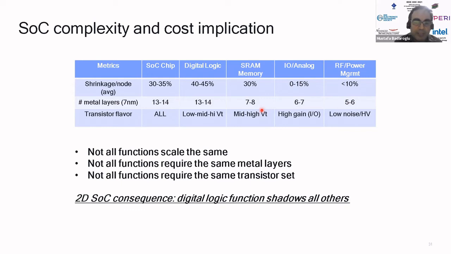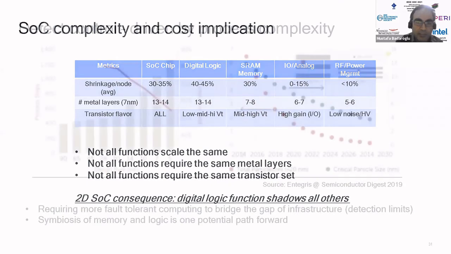And also these parts, SRAM for instance, are not scaling anymore. Likewise the case for the IO, analog and the other RF devices. So that's why there's a strong motivation to disintegrate the SRAM from the logic die. And also the selection of the VTs will be limited. So this will be a significant opportunity for cost reduction.